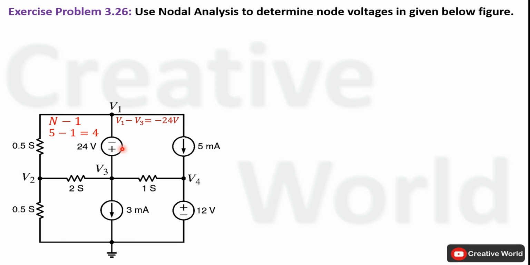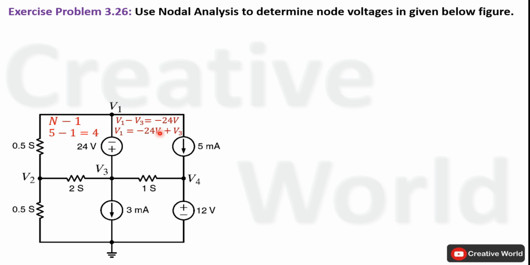Now we want to merge this voltage source into this node 1. In this case, we will find the voltage V1 equation that will include the value of this voltage source as well. So V1 will be equal to minus 24 volts plus V3. The minus V3 is placed on the other side of the equal sign and is converted into plus V3.